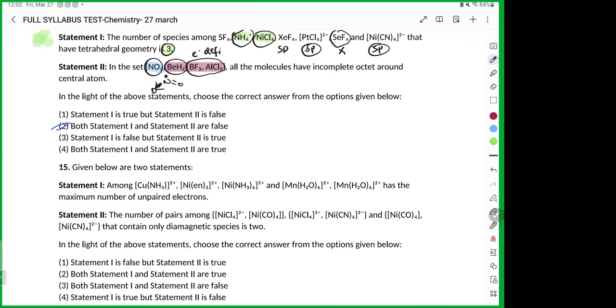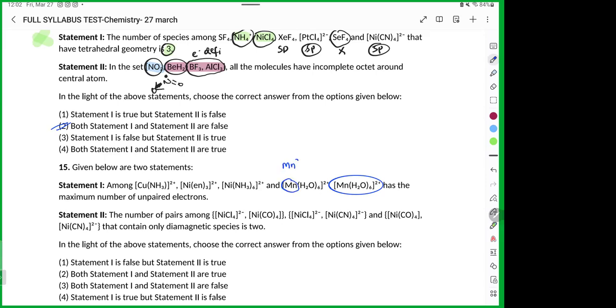Now, which has the maximum number of unpaired electrons? Among all of these, which has the maximum number of unpaired electrons? Answer is yes. Why? Manganese is 2+.